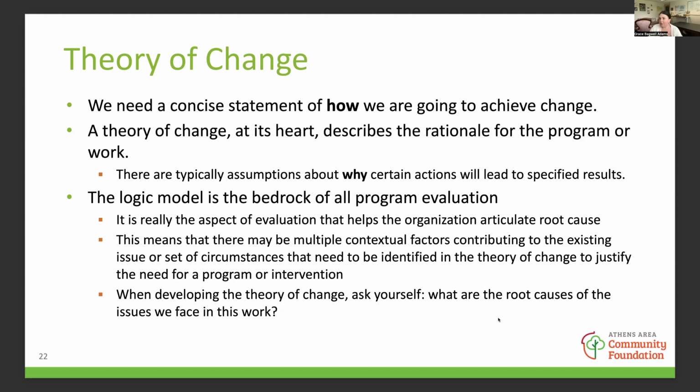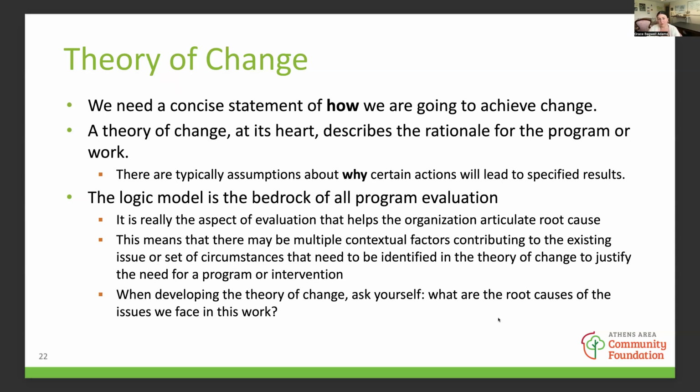There's usually a lot of different contextual factors here that are contributing to the existing issue or circumstances. I'll give an example of food insecurity. Families or households that are experiencing food insecurity, there's typically a lot of reasons as to why that is. A big part of it, of course, is usually income, right? The family may not have the financial means to purchase healthy food on a consistent basis, but there could also be other factors.